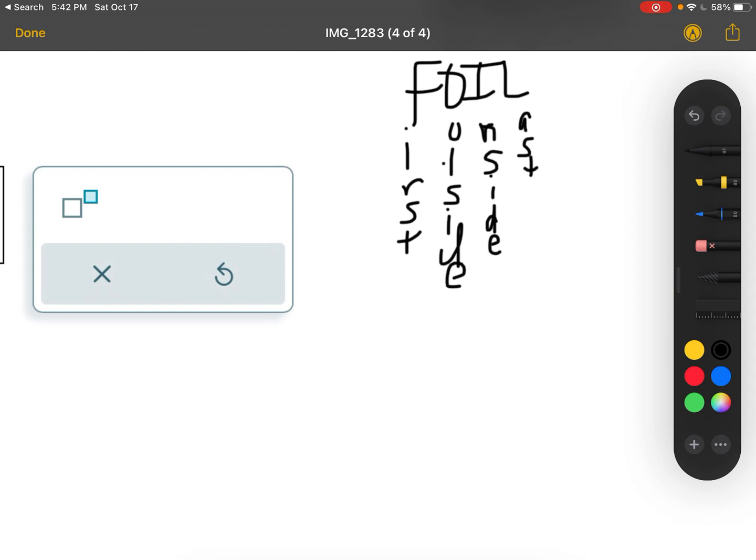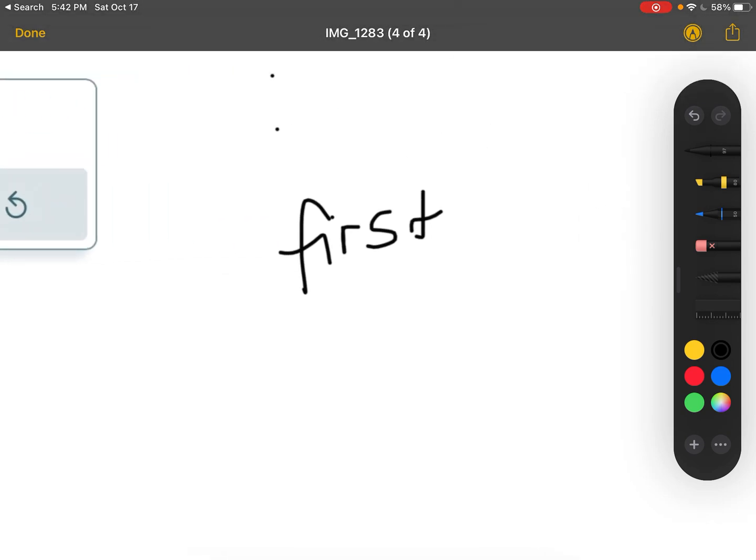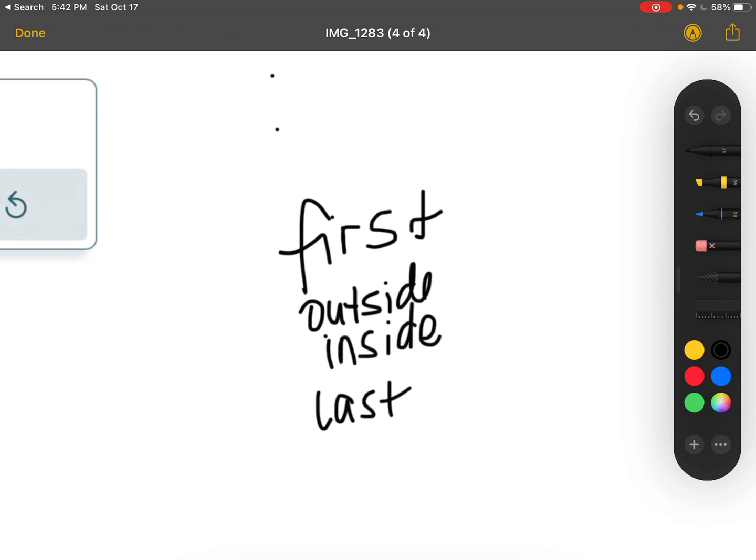And that's describing the order in which you are going to multiply everything together. I'm going to put this on the side because that looks horrible. Sorry, guys. So, first, outside, inside, and last. And I'm going to go ahead and highlight these in different colors so you guys can see this as I'm doing it.